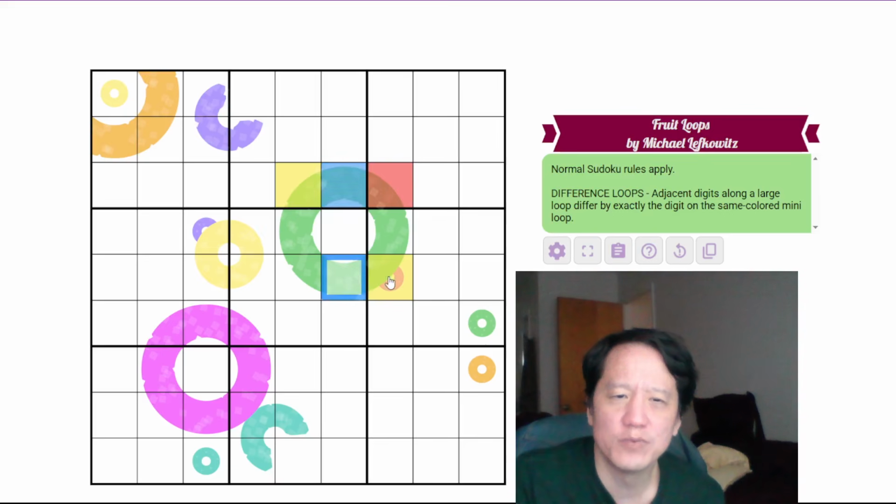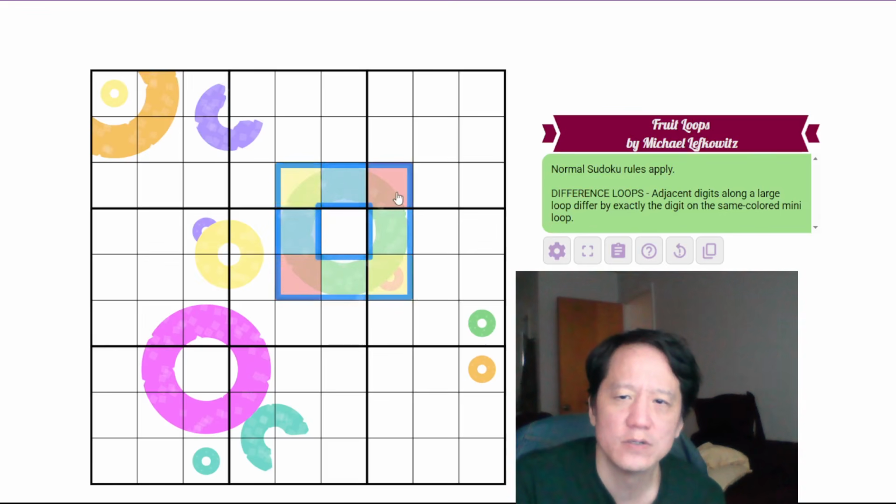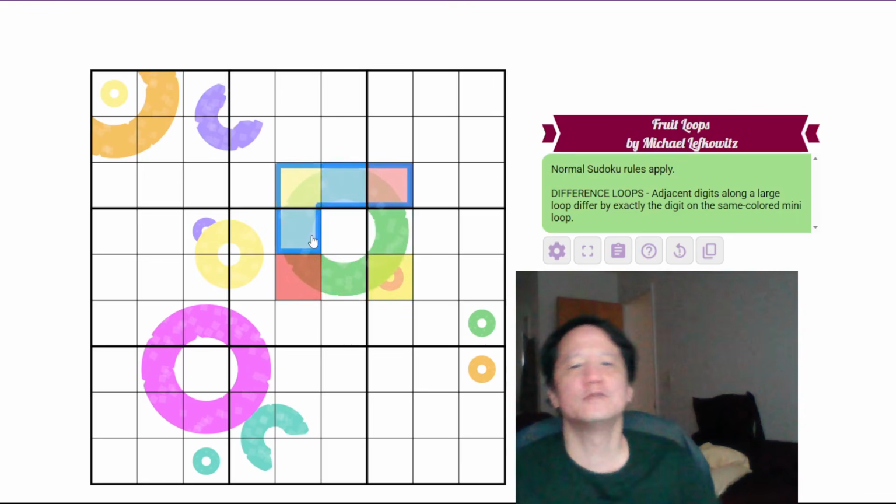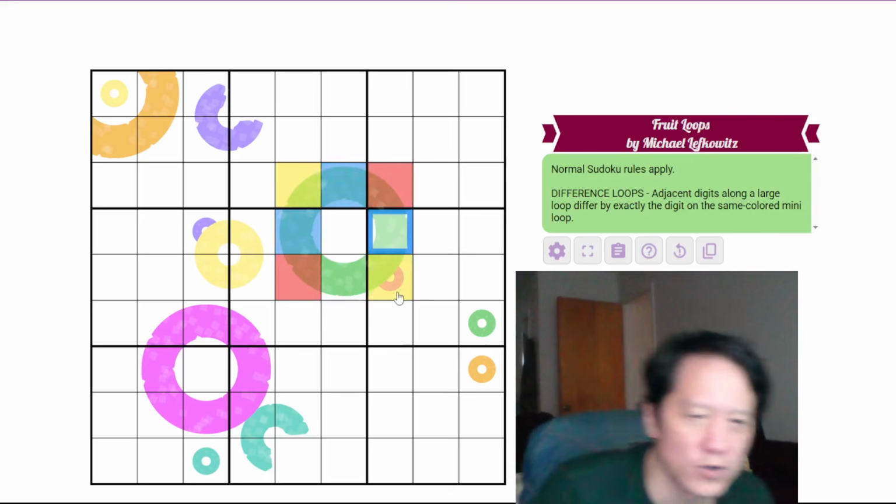So you could have blue, I guess you could have red here, and then this is blue. But the problem is to get back to this is going to be weird, right? So how do these loops actually work?